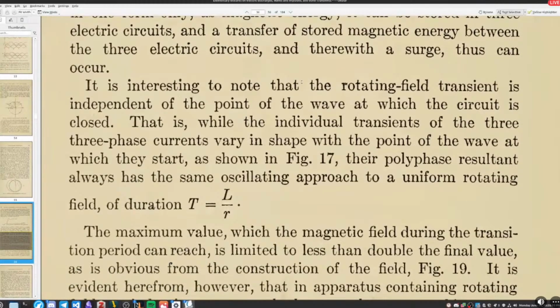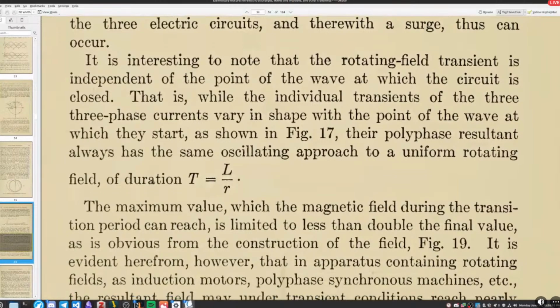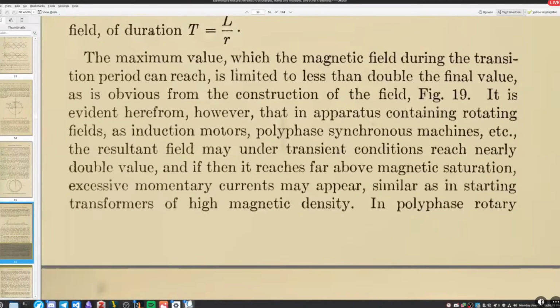It is interesting to note that the rotating field transient is independent of the point of the wave at which the circuit is closed. That is, while the individual transients of the three-phase currents vary in shape with the point of the wave at which they start, as shown in figure 17, their polyphase resultant always has the same oscillating approach to a uniform rotating field of a duration of T equals L over R. The maximum value of the magnetic field during the transition period is limited to less than double the final value, as is obvious from the construction of the field in figure 19.